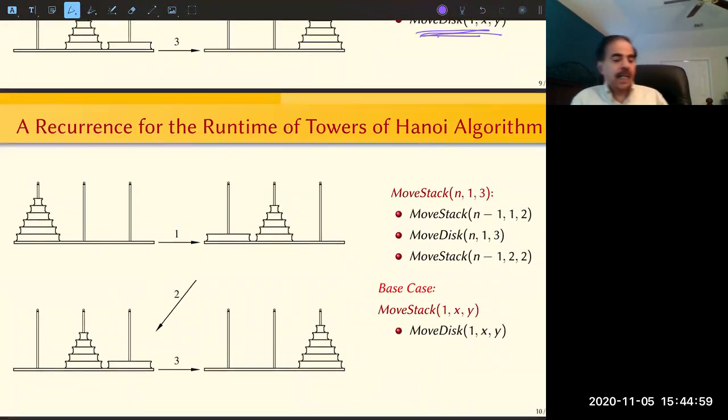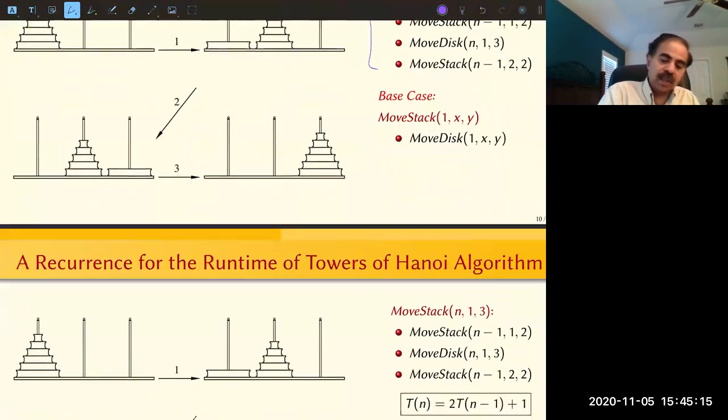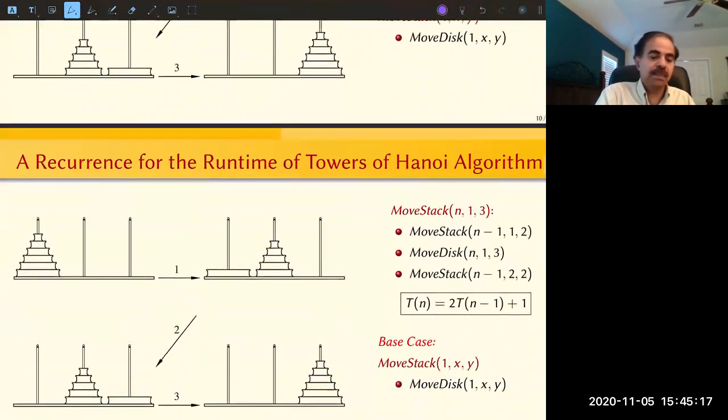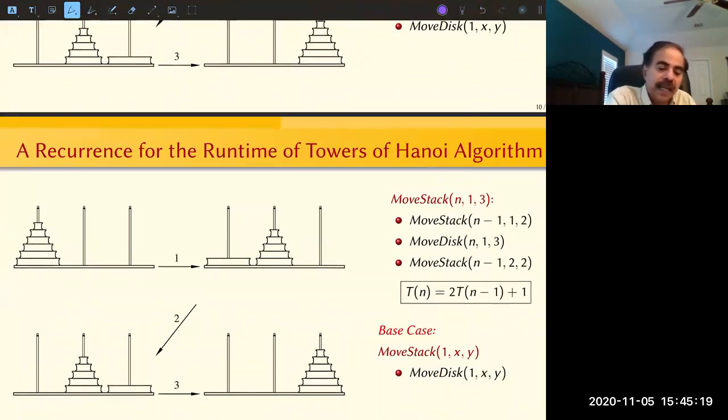So now that we understand what this algorithmic description means, we can then ask the question, how long does it take? This actually has a very simple answer, right? Because we know that in order to move a stack of n, we have to move a stack of n minus 1 twice.